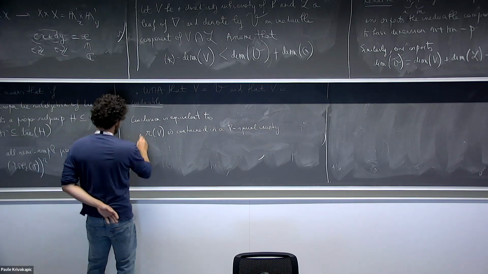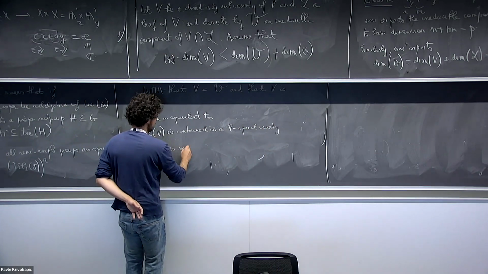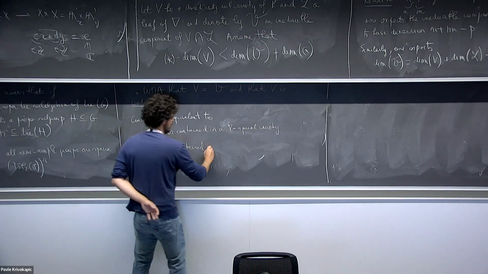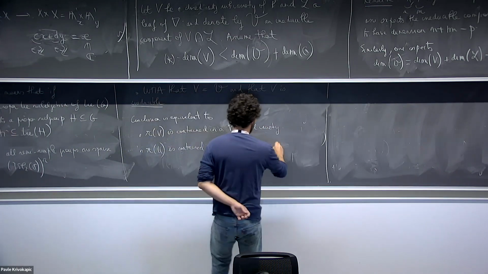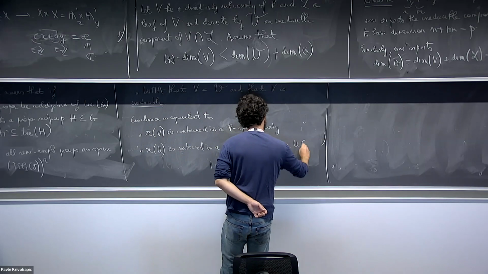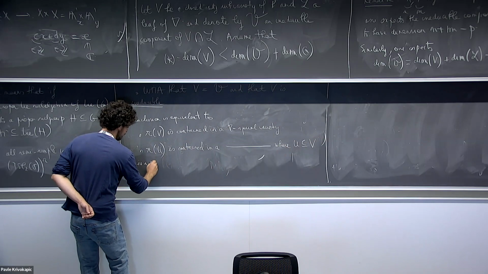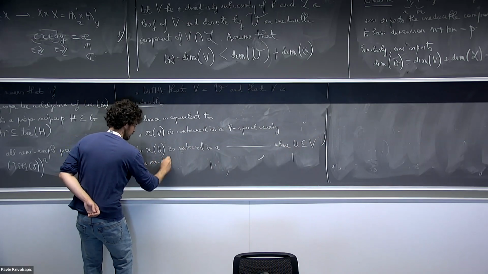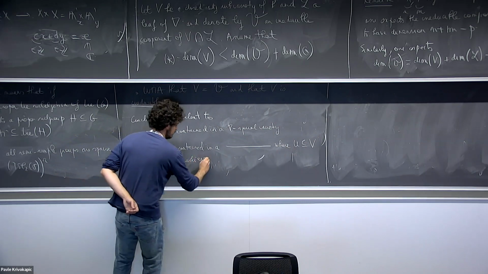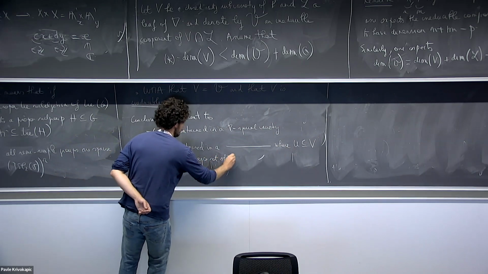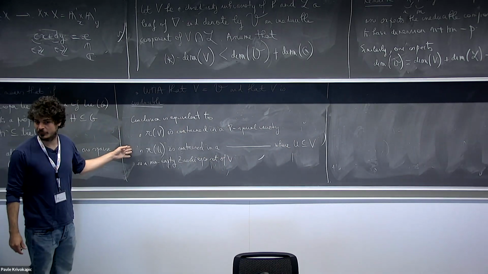And it's also equivalent to P of U being contained in a delta special subvariety, where U is a dense, non-empty Zariski open set of V. So I can work locally on V somehow.